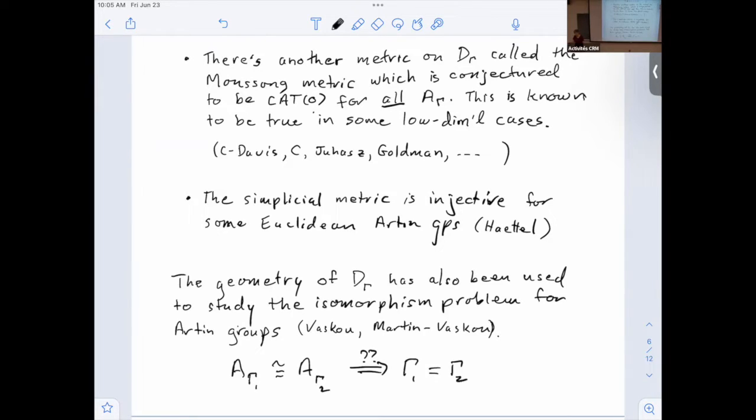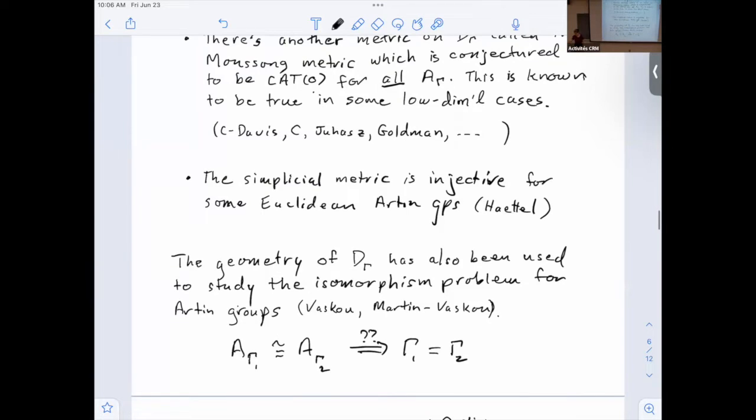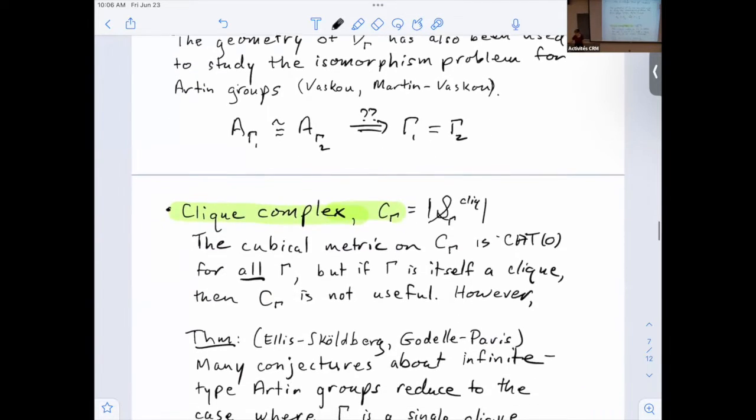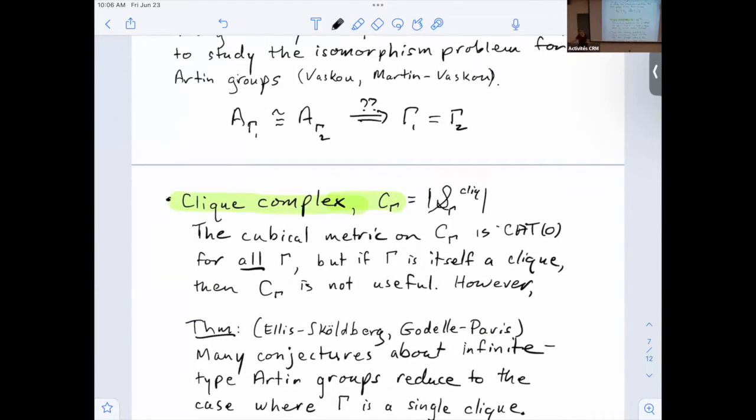I mean, is that the only way to get isomorphic groups, to start with the same graph? The answer to that, by the way, is no. We know there are cases when it's not true, but when is it? Are there classes for which it is true? Can we control when two different graphs give rise to the same group? So you're going to hear about that next week. Nicolas and Alex Martin have been working on that.